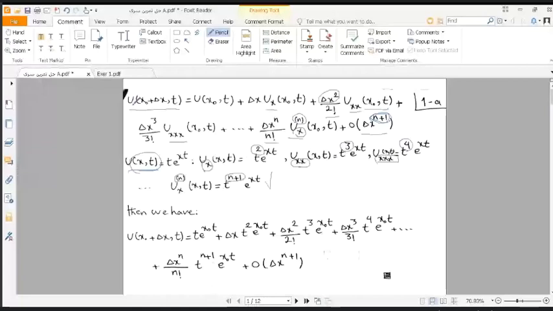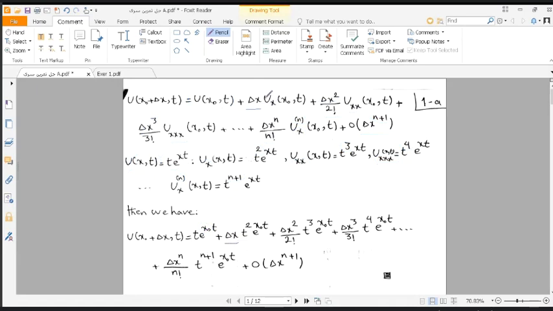And we have u of x0 plus delta x and t equals, instead of u of x0 and t, we write t e power xt and replace x0 instead of x, plus delta x, and we write delta x.